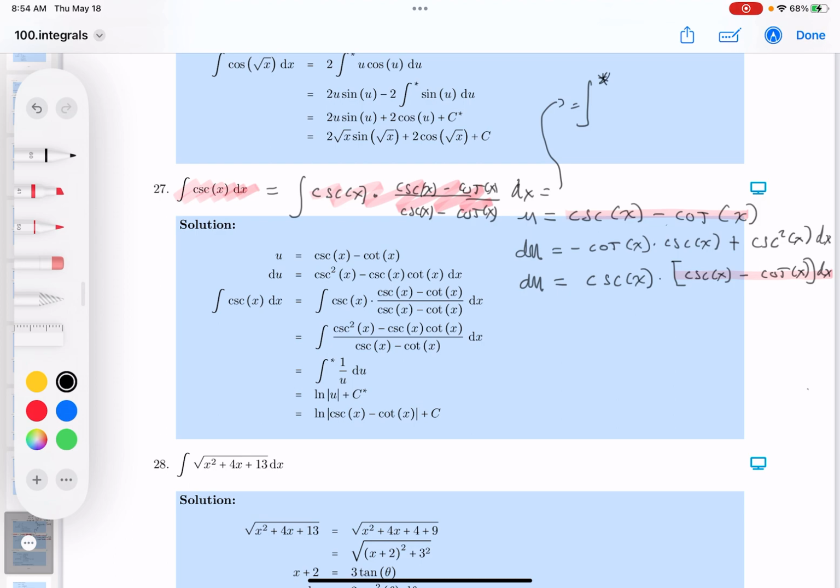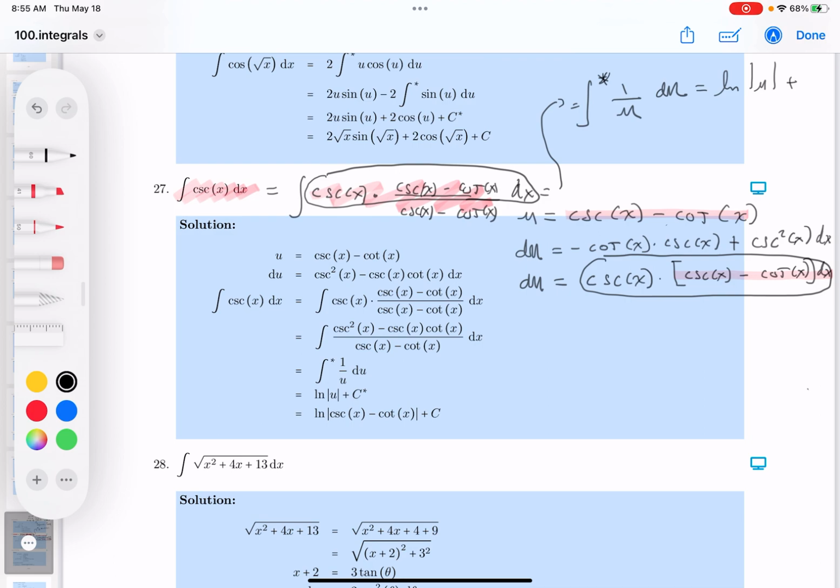Well, I do see the u, and I see the du too. I want to point out what I'm seeing over here. This is the du. And the thing on the bottom is just the u, right? That looks pretty simple. What do you get? Natural log, absolute value of u plus C.